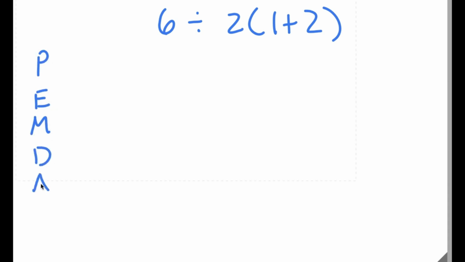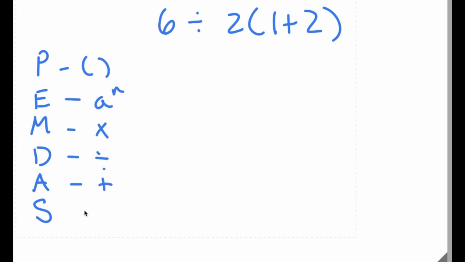So the P here stands for parentheses, the E stands for exponents, the M stands for multiplication, the D stands for division, the A stands for addition, and the S stands for subtraction. So we have to go in a certain order.